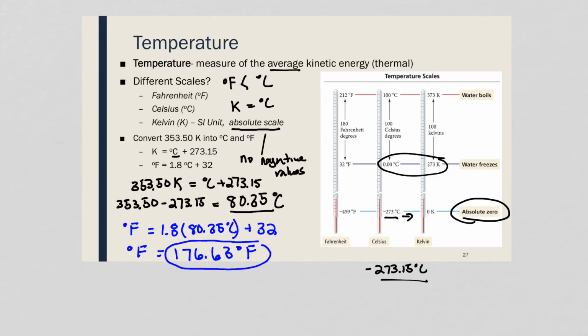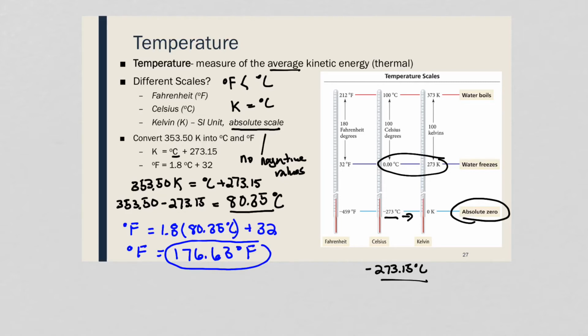And if we look out here, right, that might make sense. So your 80 degrees Celsius is going to be somewhere in here, and that's going to be up here in this region of the Fahrenheit scale. So it makes a little sense here.